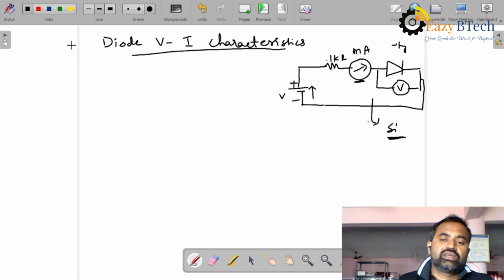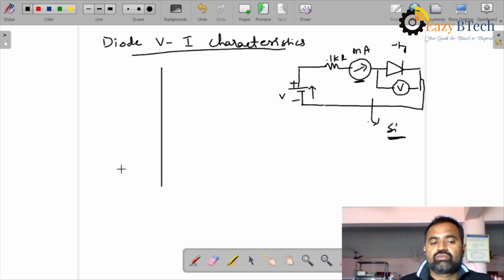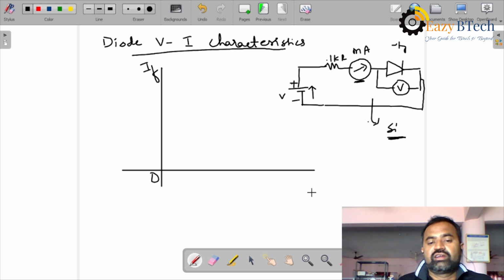Voltage drop for a silicon diode. Silicon. Say now in this case, if you see the structure, this is forward current, it is forward voltage.